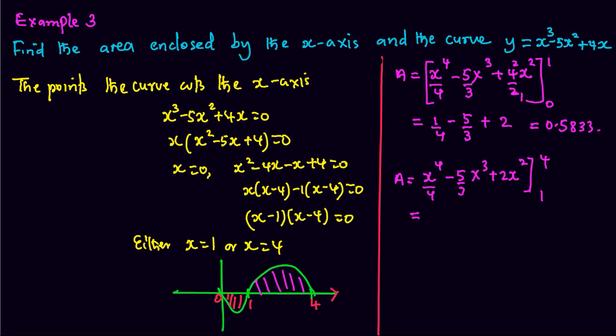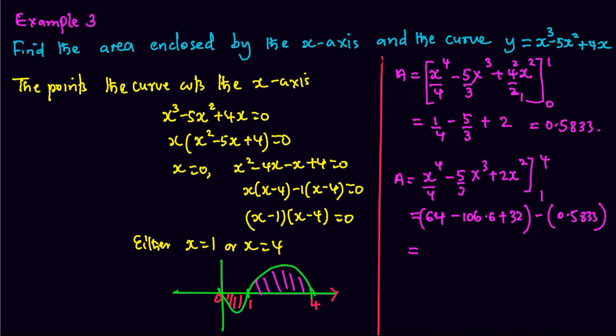This gives us 64 minus 106.6 plus 32 minus 0.5833.